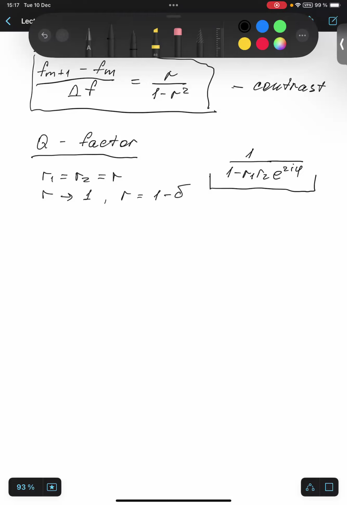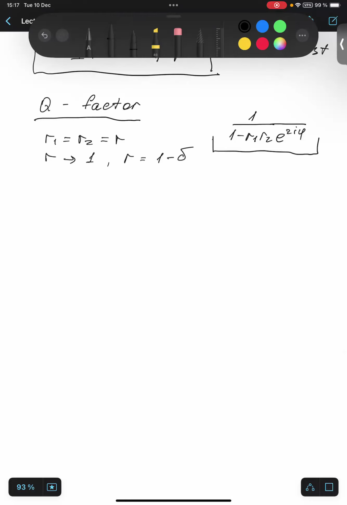So let's find the poles. We must look at the denominator: 1 minus R squared e to the i phi equals 0. In order to find poles, we must consider such an equation.